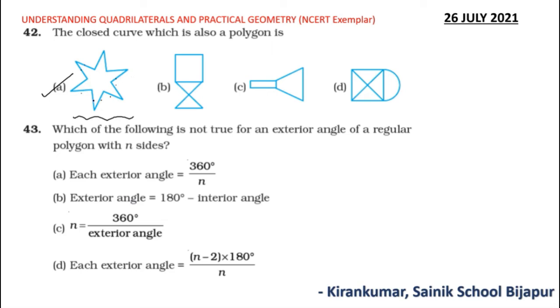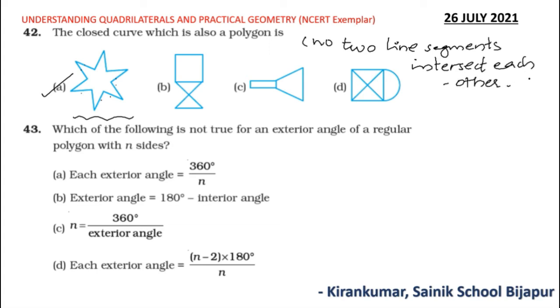So we can say that figure A is a polygon because no two line segments intersect each other. This is the reason.